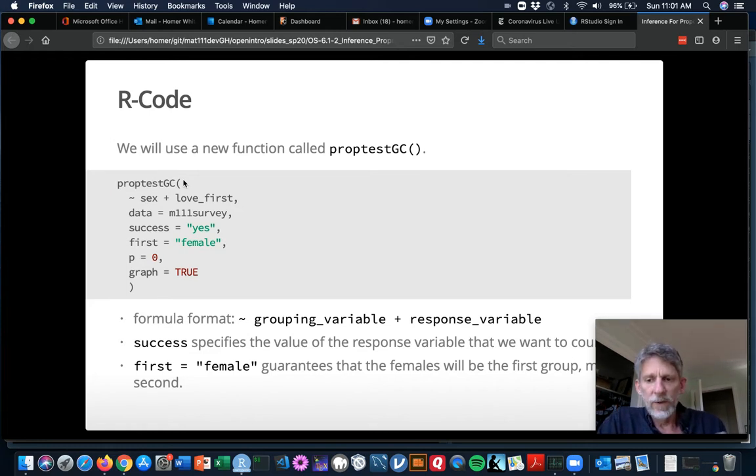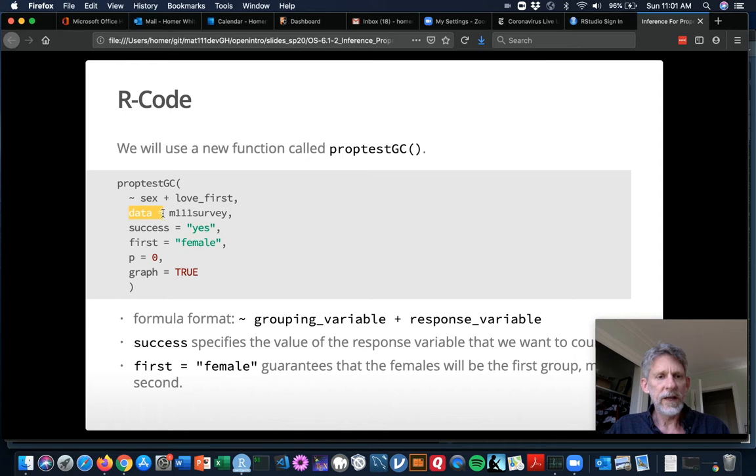Its syntax is similar to, but with some differences from, tally. What you're going to do is a twiddle and then the explanatory grouping variable. Put that first. Then a plus, and then your response variable second.